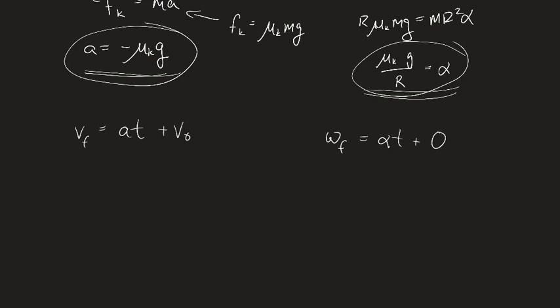I'm sorry, let me say it again. Your question is, will the acceleration change when we go from slipping to rolling? First, I want you to understand that the type of friction changes. I made that clear, but I'm reiterating it because I want it on the recording. The type of friction goes from kinetic to static. But once it's rolling, and this condition is the final condition of the problem, there won't be a change in the velocity.